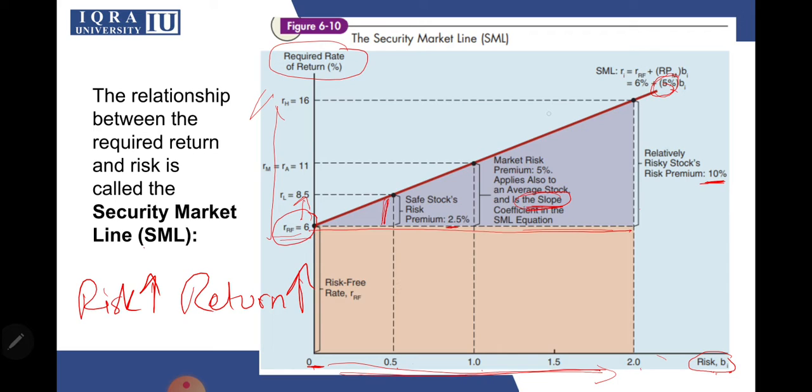Hence, the higher the required rates of return on all stocks. Basically, this 5% is telling you that this is the economy's current risk aversion rate. So this is the requirement. So you have to pay them this much premium in order for them to purchase stocks, or else they would just prefer to make investment in bonds.